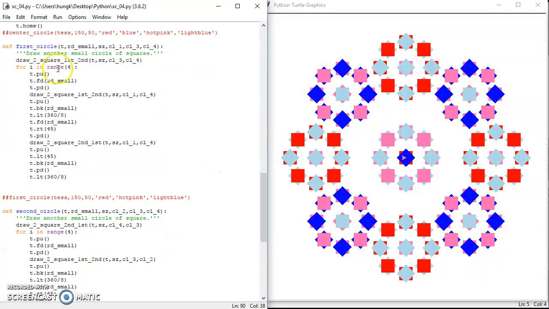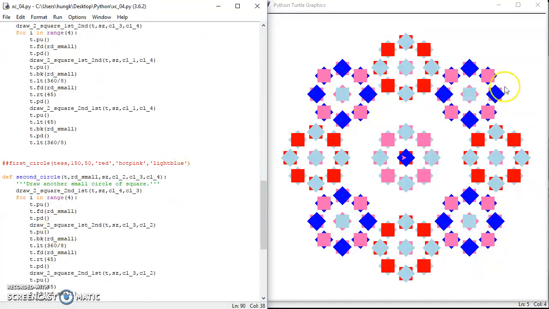So besides this one here, the first to the second, we will start this one right here from the second square to the first square. The second on the bottom, and the first on the top.